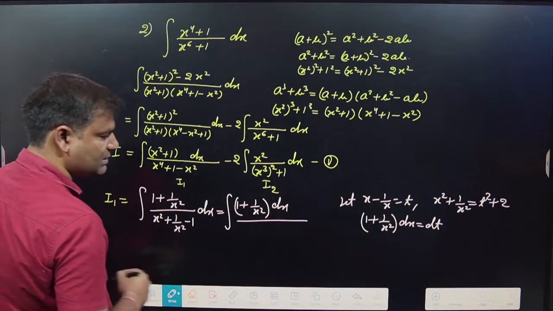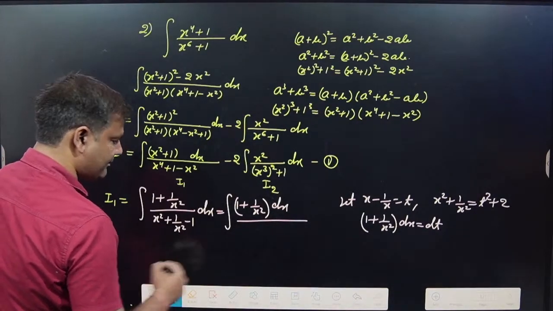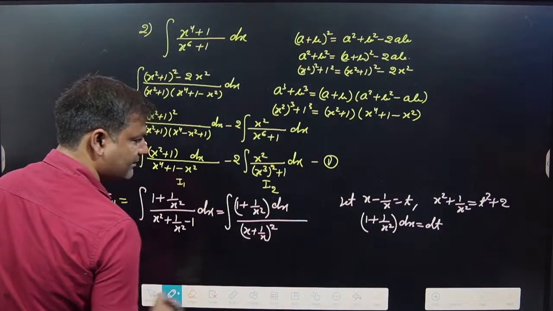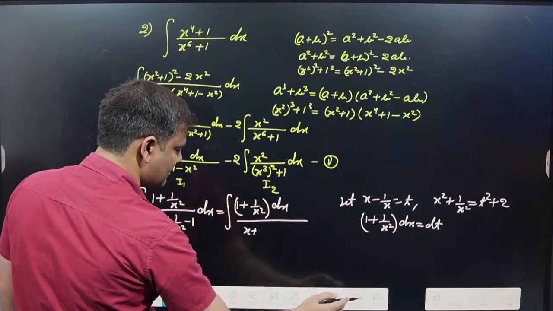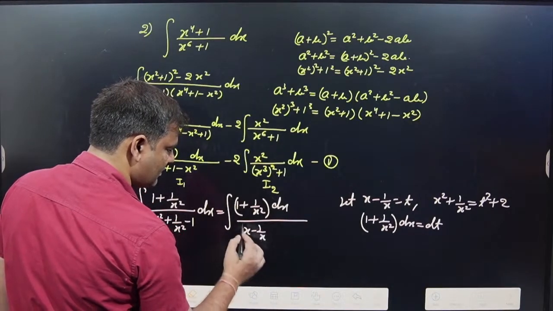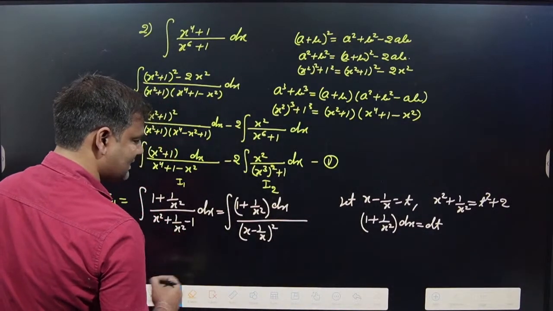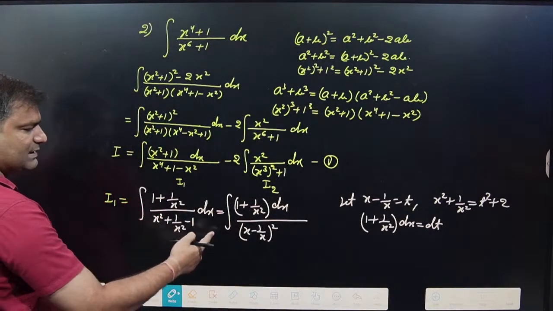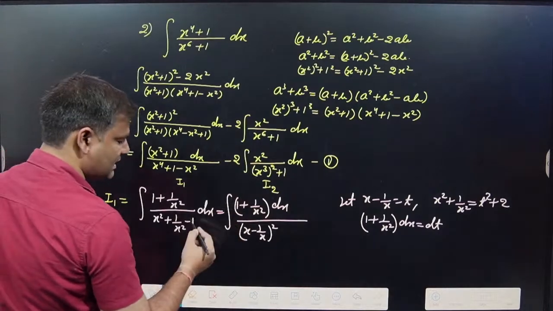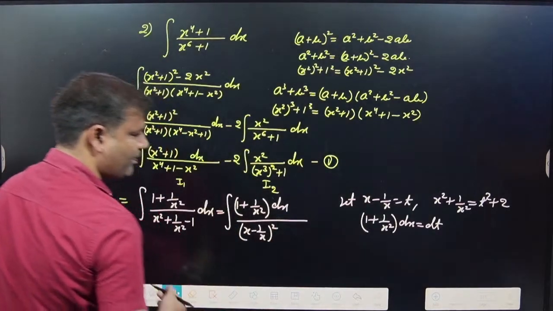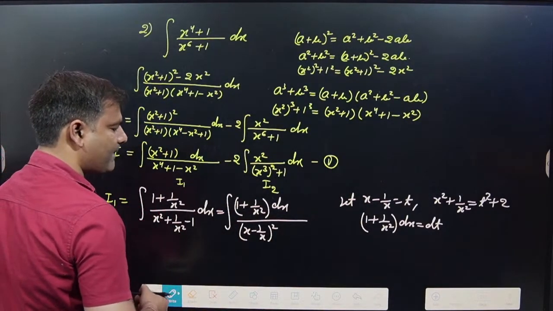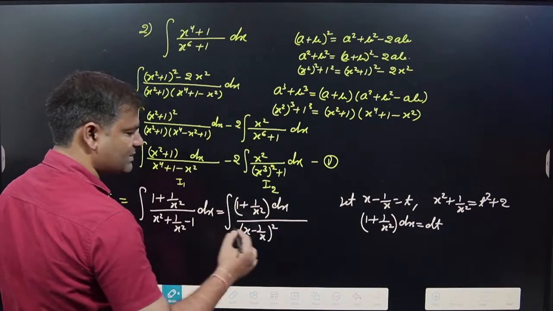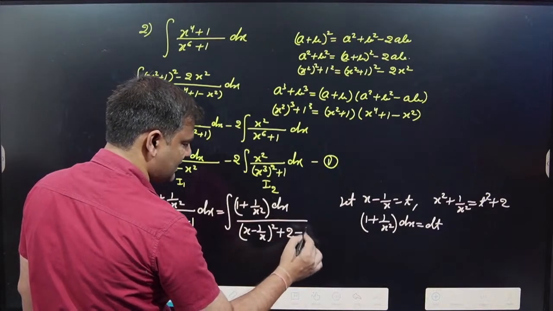So this is written as x minus 1 by x to the whole square, sorry, not plus. Clear? This is written as x minus 1 by x to the whole square minus 1, minus 2, so plus 2 and minus 1.